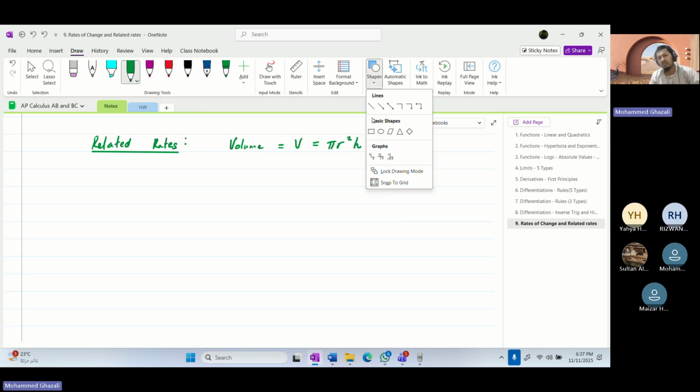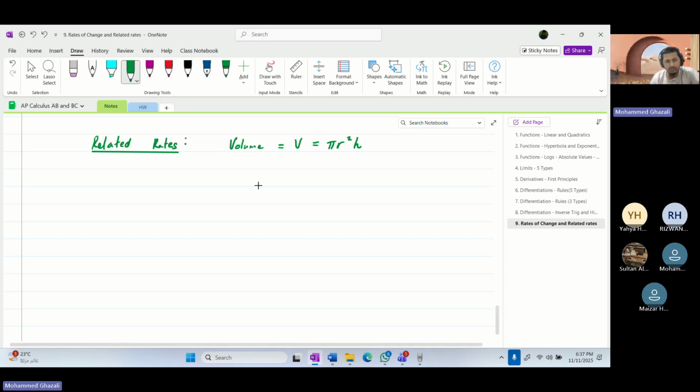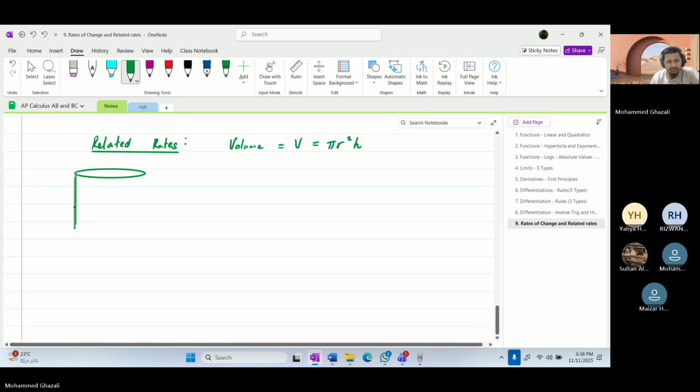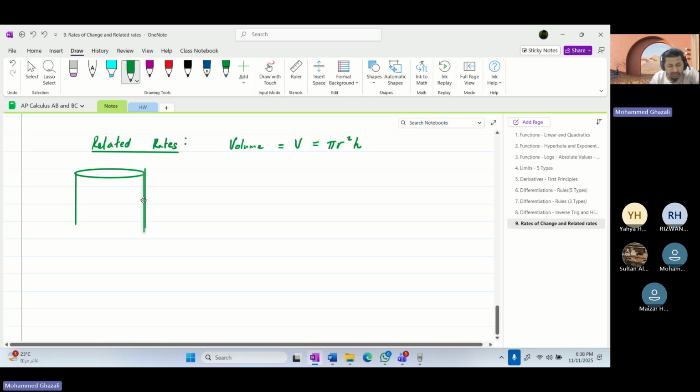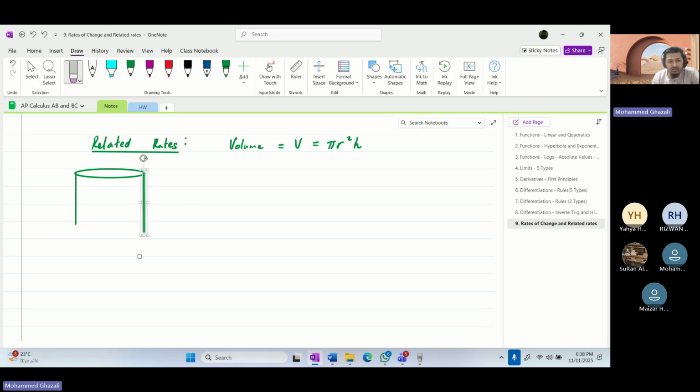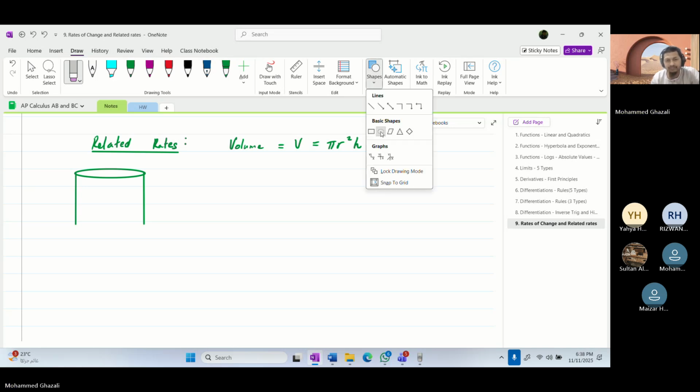Now, how do we model this problem? I'm just looking at a cylindrical tank here. It's like water being flowed into it, filling water into a cylindrical tank, or we are opening the tap and releasing water. Or think of this as being a dam.